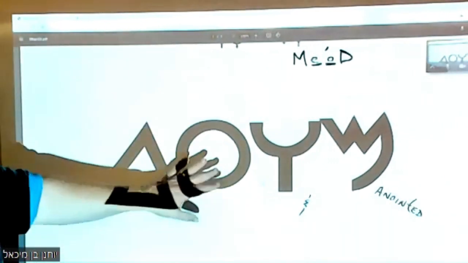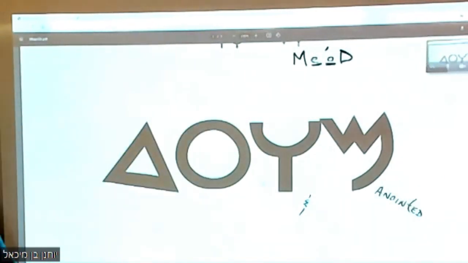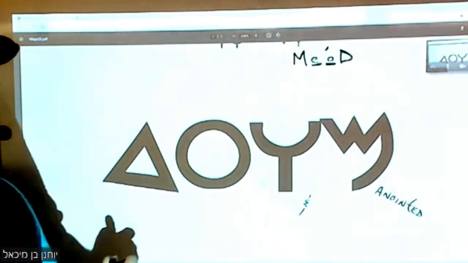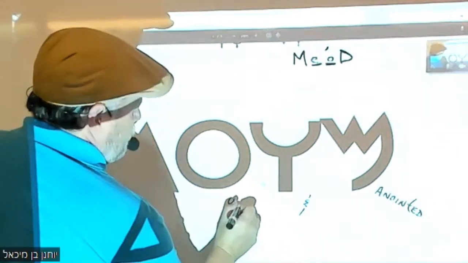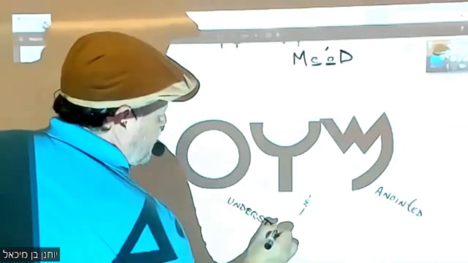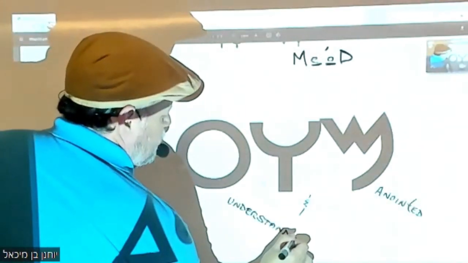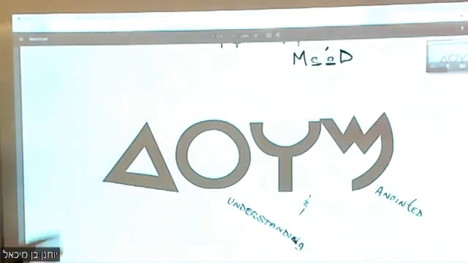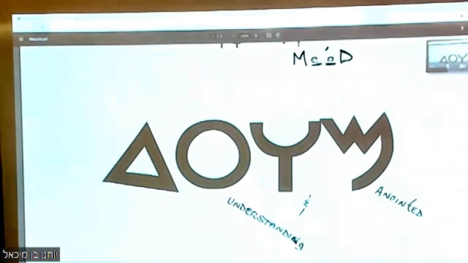What's this ayin? It's an eye, right? Means to see, to know, to understand, to comprehend. And then dalet. What is dalet? It's a doorway, it's a gate, it's a path, right?